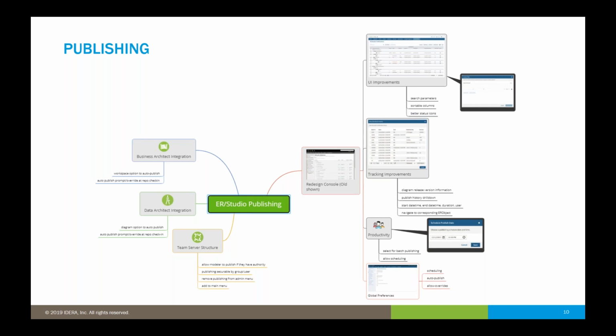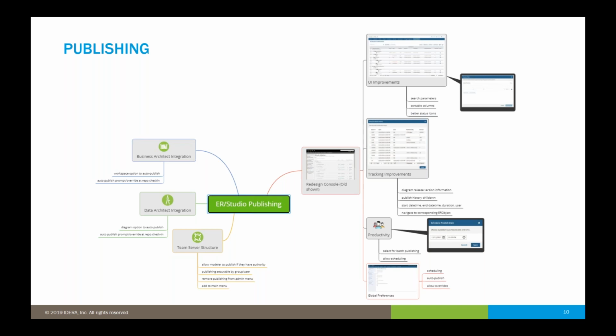We've made significant changes in this release to ensure that you're in control of the entire publishing workflow, to make it work how you want it to work. So what happens now is, I'm actually going to go bottom right for a second here. We have global preferences set up in the admin menu, and that says several things. I'll go through that screen in a moment, but it gives you the ability to say whether or not you want to be able to schedule publications.